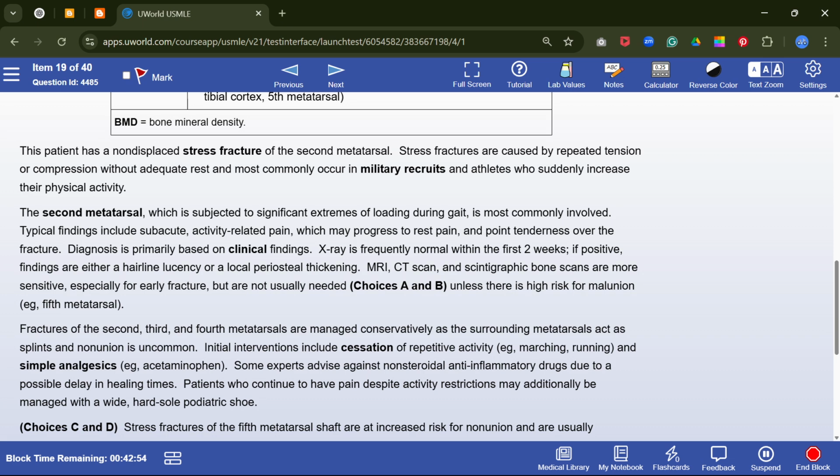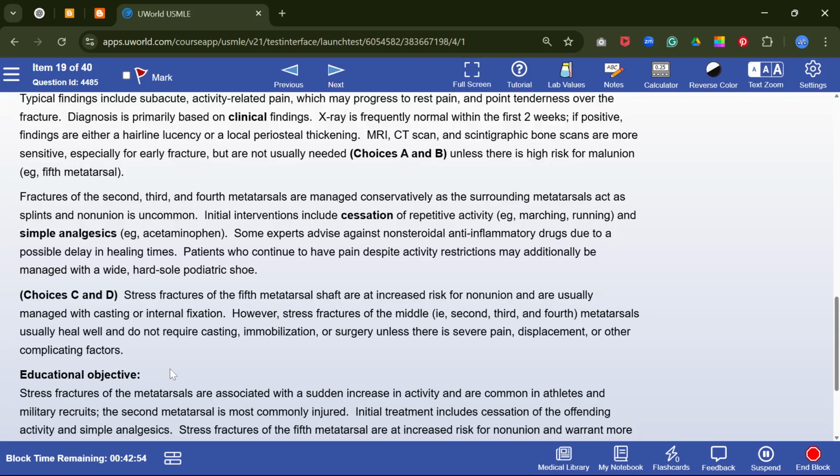High-risk sites include the fifth metatarsal. Fractures of the second, third, and fourth metatarsals are managed conservatively, as surrounding metatarsals act as a splint and non-union is uncommon. Initial intervention includes cessation of the repetitive activity, such as marching or running, and simple analgesic such as acetaminophen.